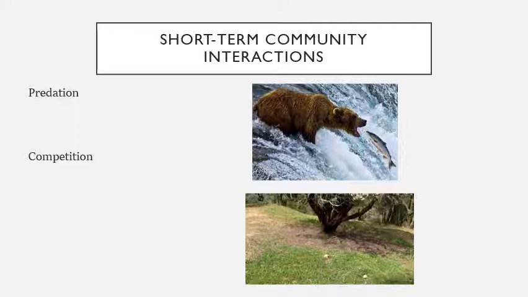That's not the only way that two different populations can interact with one another. Here we see an example below of a black walnut tree. So if I take a look at this, here's our black walnut tree here. And underneath of it, there's no grass growing. And that's not by accident. That black walnut tree is secreting a chemical into the soil from its roots.